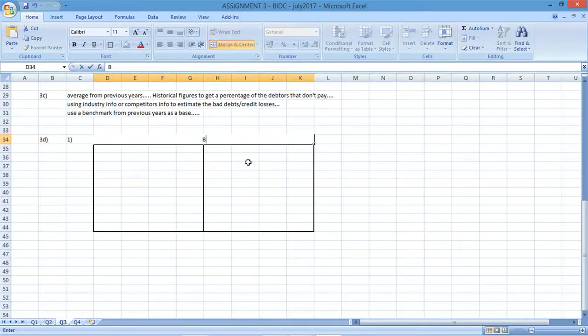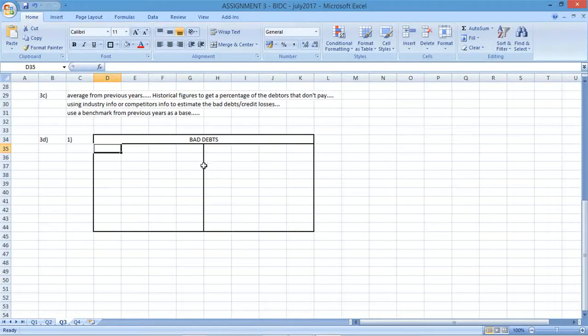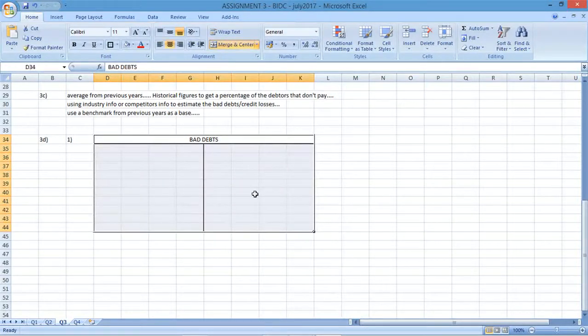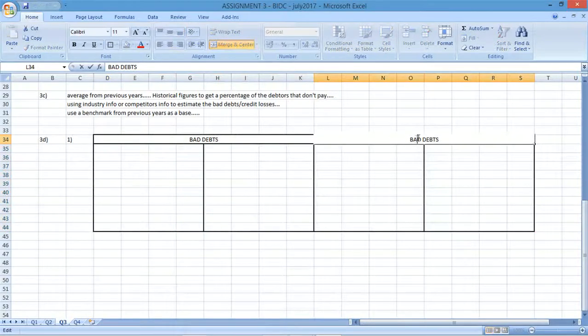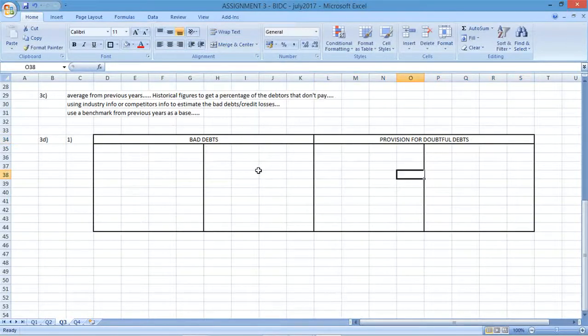We've got the bad debts, and we've got the provision for doubtful debts. Perfect. And then we need to look at the information in the question.